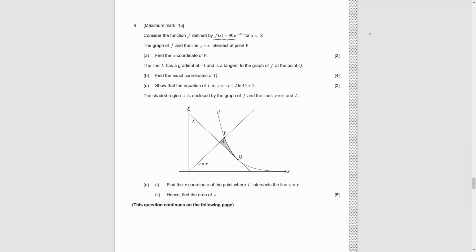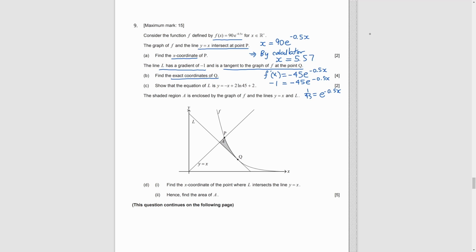Question 9. Here is a function f, and we know that f intercepts y equals x at P. Part A. Find the x-coordinate of P. Just substitute x for y into f and solve it by calculator. Part B. Line L has gradient -1, and it is a tangent to f at Q. We need to find the coordinates of Q, so we need to find the derivative of f and set it to be -1.